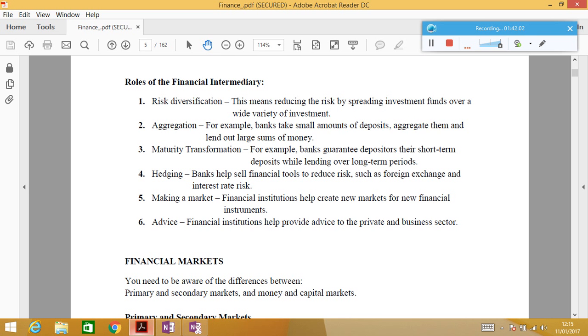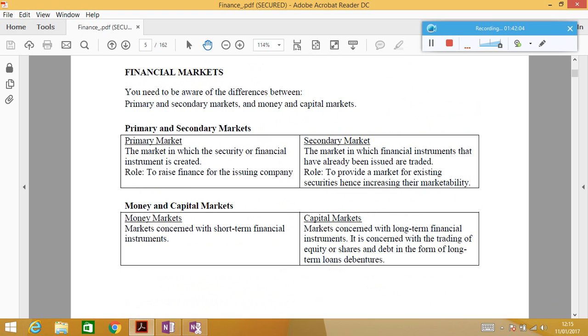Next. So we are in the last part of topic number 1, the financial market. You need to be aware of the difference between the primary and secondary market, and the money and capital market.